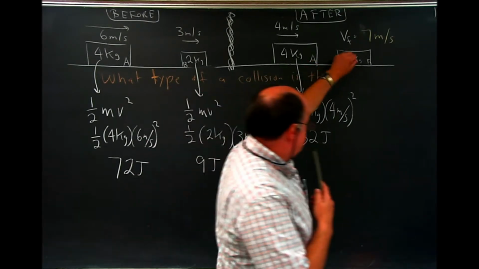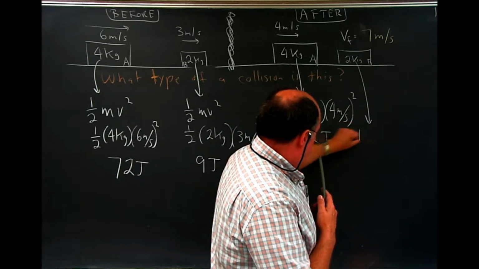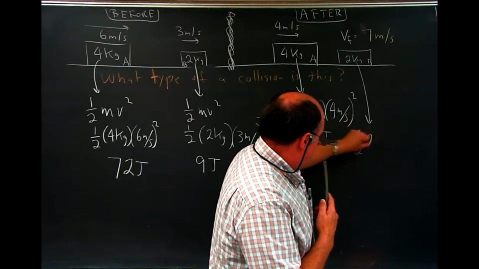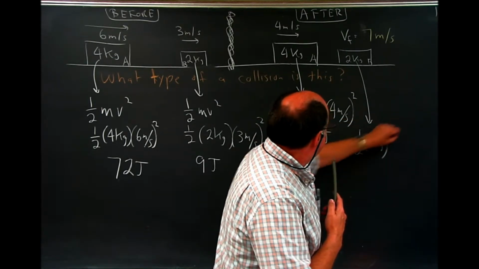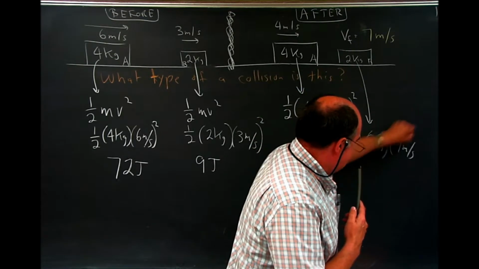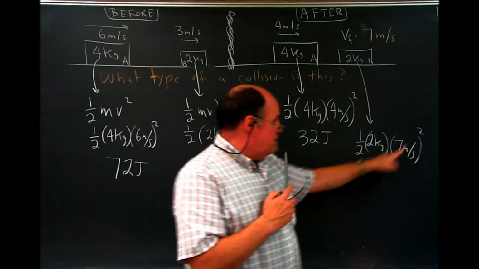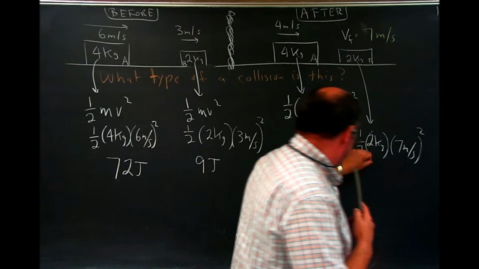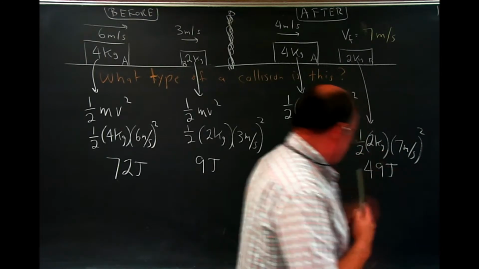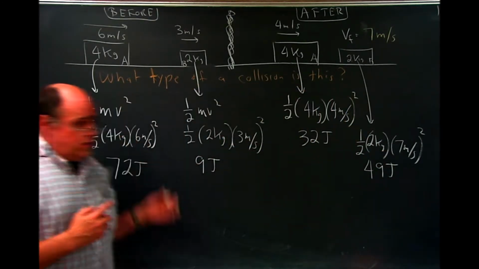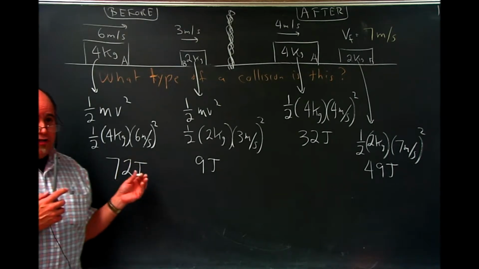And this last piece right here, we would have 1/2. The mass of it is 2 kilograms, and the speed of it is 7 meters per second. We have to square that. So 1/2 times 2 is 1, and then times 7 squared is 49. So we have 49 joules here. Okay. So now I have all these numbers for energies, and what do I do with them?